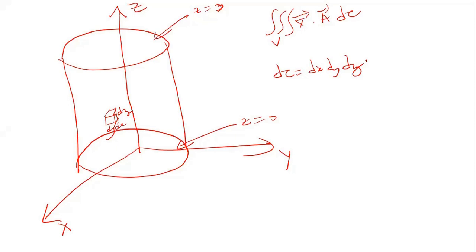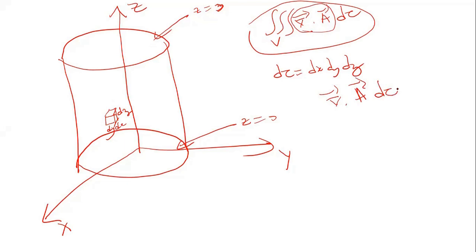In order to cover the whole volume, when we are integrating this quantity, our objective is to sum, say, we are estimating divergence of A. When we write divergence of A into d tau, what this gives us is an estimate of the divergence of A within this volume element.